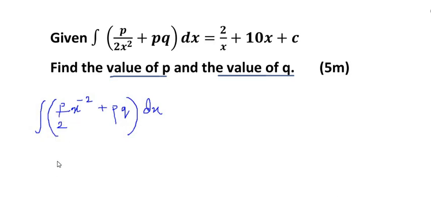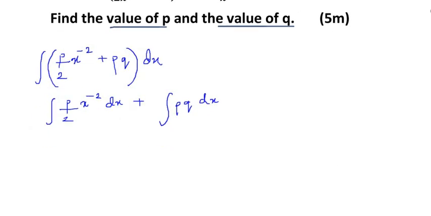Here we will split the integration between the first term and the last term. p over 2, x to the power of minus 2 dx, plus the integration of pq dx. Here p over 2 is a constant because they have asked us to find the value of p, which means it is a constant.